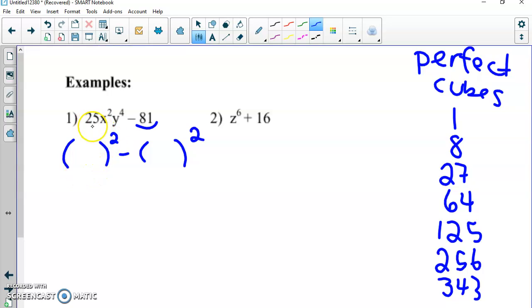So what squared is 25? That answer is 5. X to what power gives you 2? Well, 2. Y to what power? Y to the power of 2. What gets you there? The square root. When you have a power to a power, you multiply, so we are dividing here. 4 divided by 2 is 2. Running out of space.